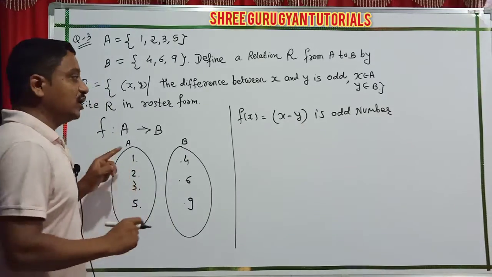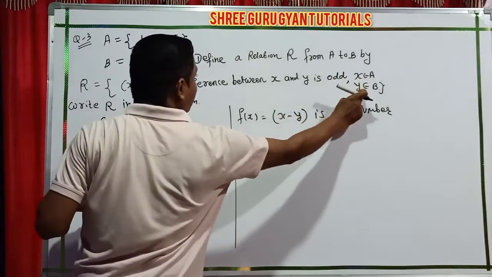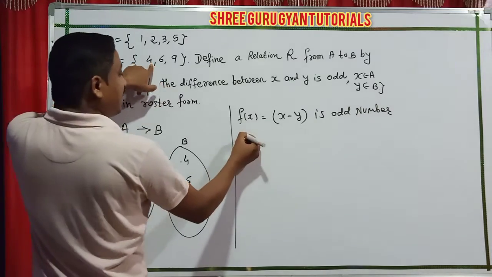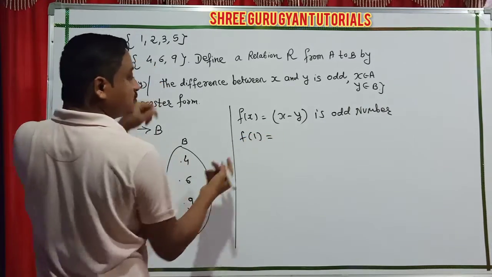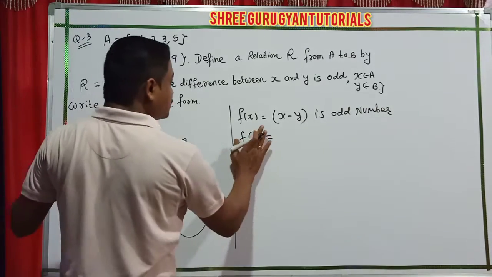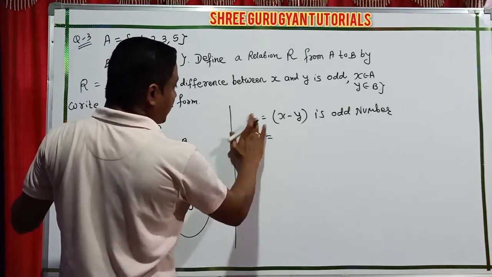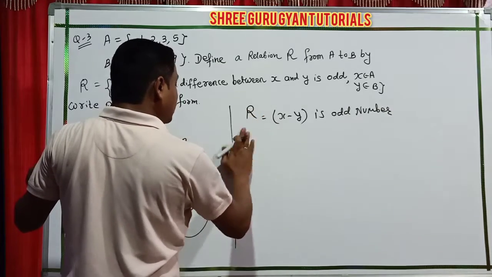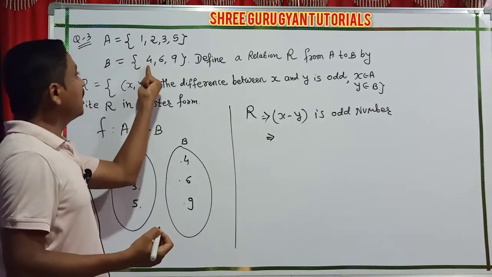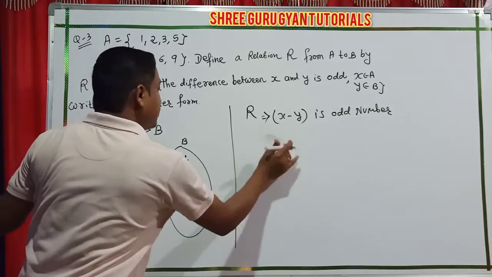Now I put in your domain. First of all 1 from the A side, and y from the B side, taking 4. So here students, actually your relation is R, so don't write f of x, otherwise you will be confused. Check. Taking x as 1 and y as 4. Yes, one by one I explain.